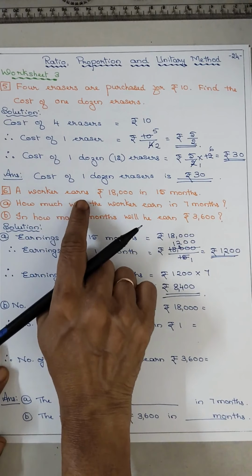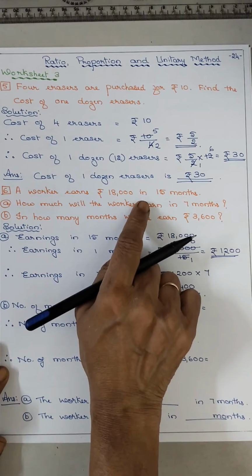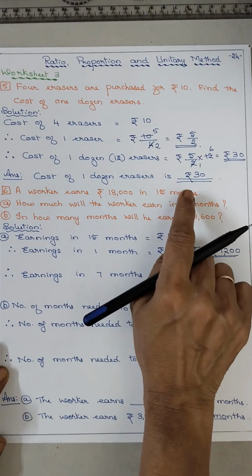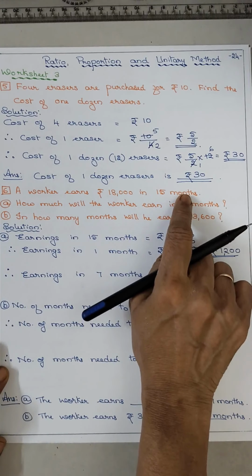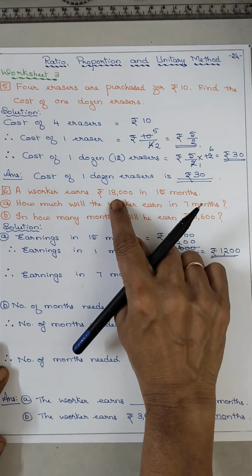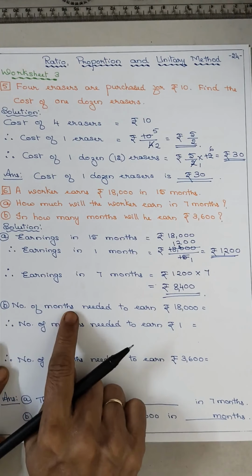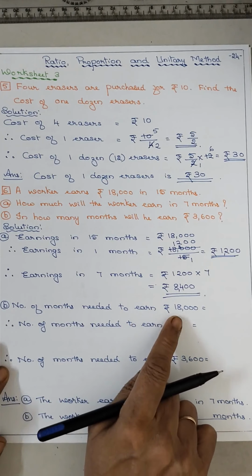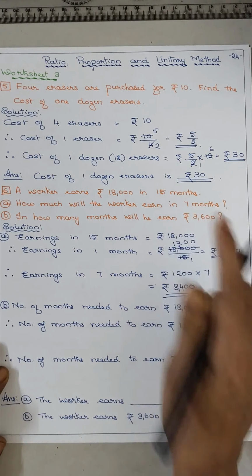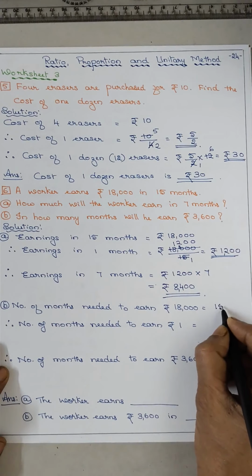The worker earns 18,000 in 15 months. So number of months needed to earn 18,000. How much is given? 15.